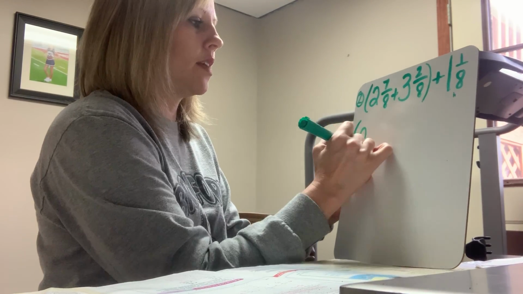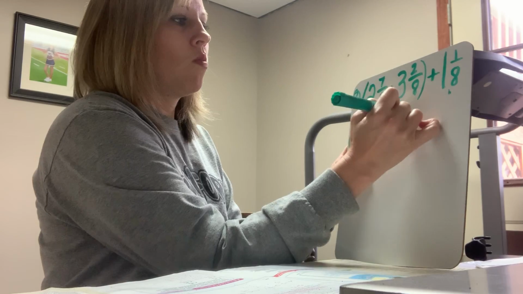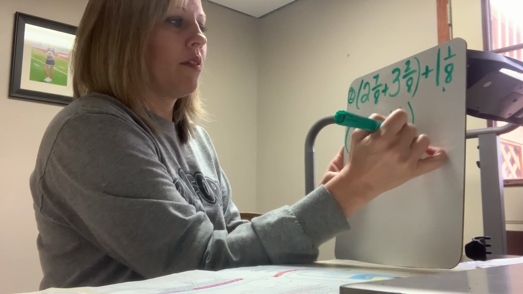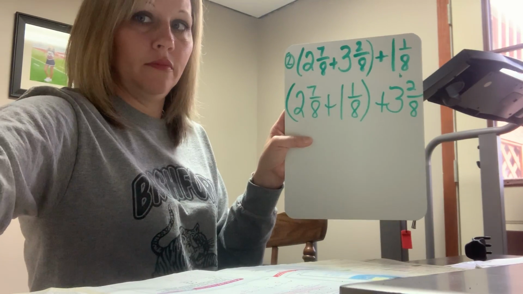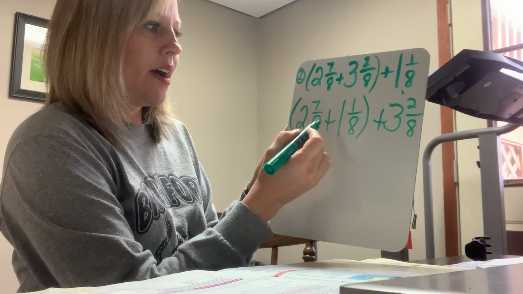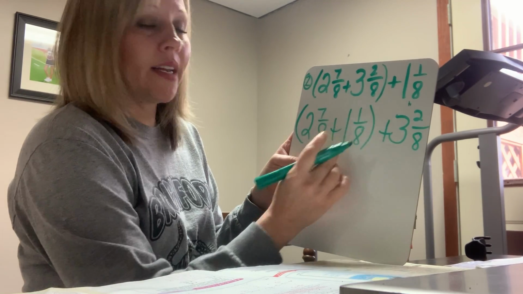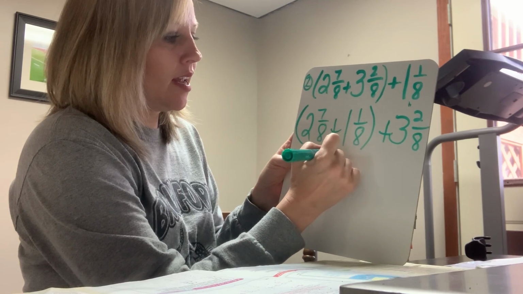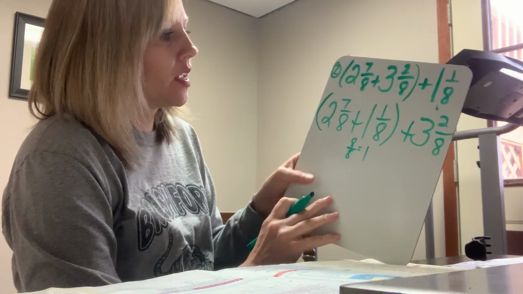I'm going to put 2 7/8 together plus 1 1/8 together. Then plus 3 2/8. Now, come down here. 7 plus 1 is 8. So that's going to give me 8/8 right there, which equals what, guys? A whole. See it?